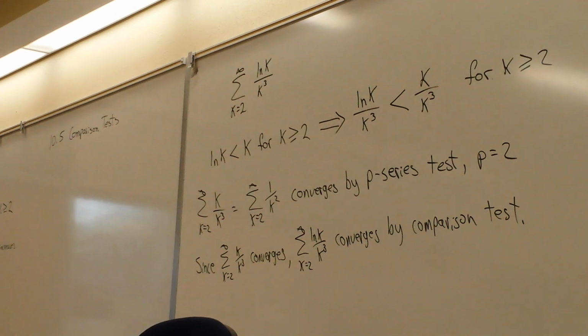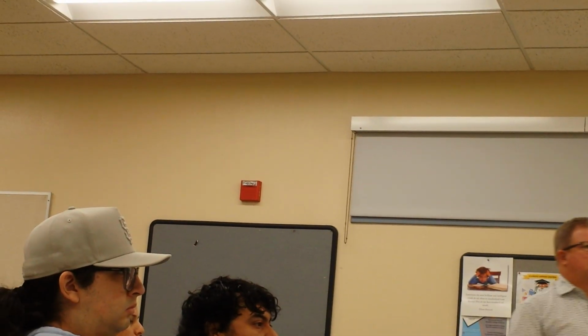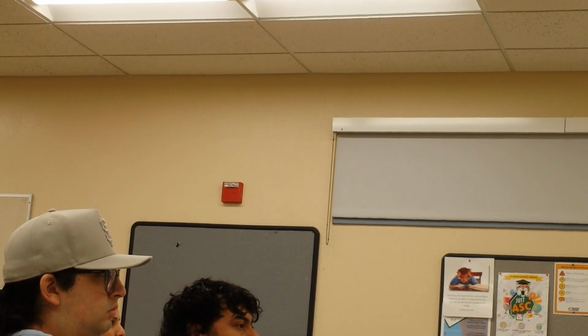So say the expression was k to the fourth in the denominator, you'd get ln k over k to the fourth less than k over k to the fourth, and it would work out all the same.